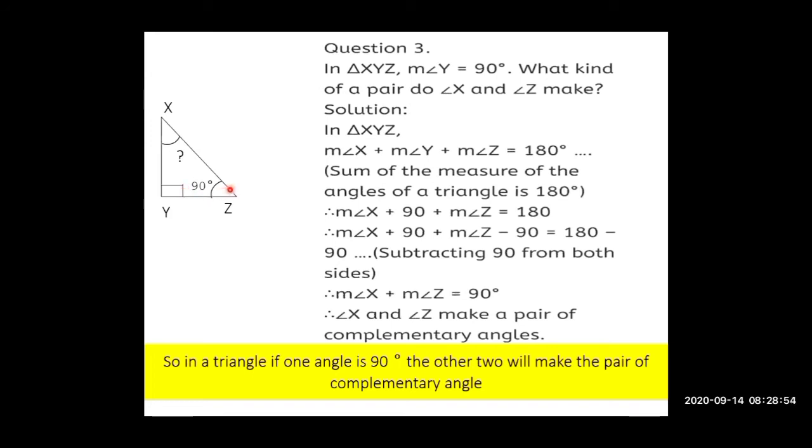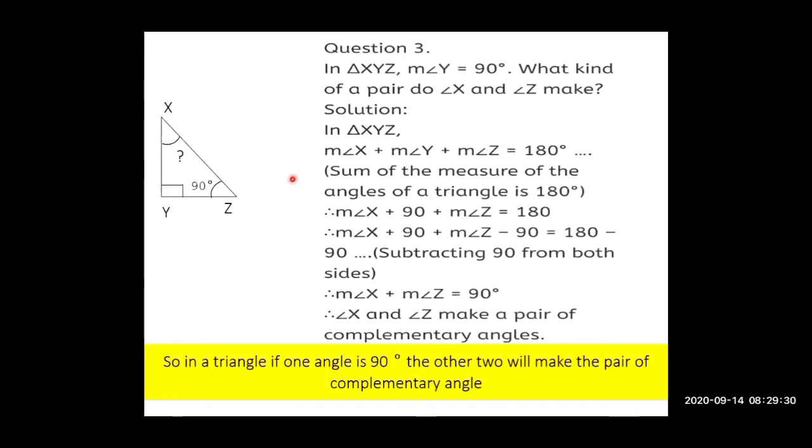So before writing the solution, we draw a rough diagram. Angle Y is 90 degree, so it's a right angled triangle. Now write the solution. In triangle XYZ, measure of angle X plus measure of angle Y plus measure of angle Z equals 180 degree. Sum of the measures of the angles of a triangle is 180 degree.